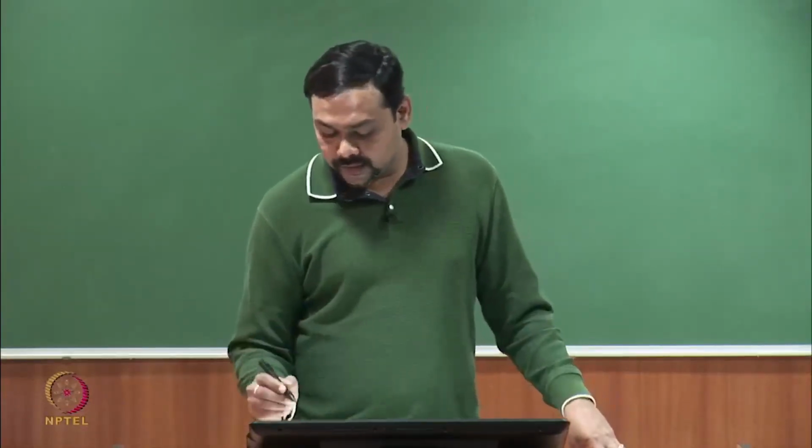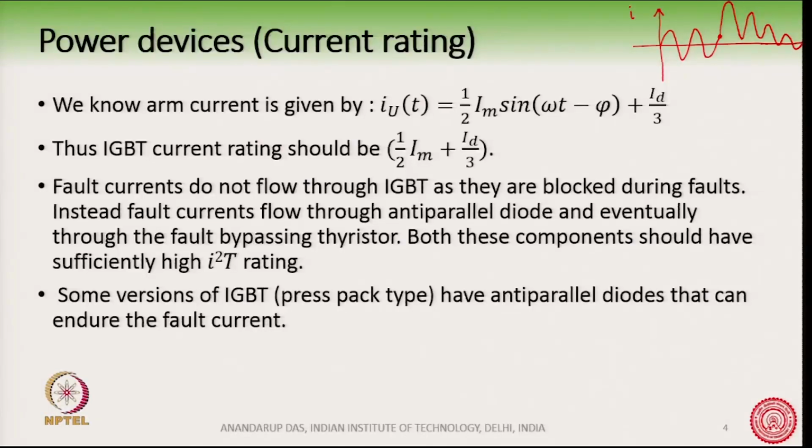Now, typically if this is the fault current profile, remember the circuit breaker will only operate when there is a zero crossing of the current. Before that, the circuit breaker will not operate. Therefore, when the MMC is under fault, it is basically an RLC circuit: the arm inductor and the cell capacitors together with the fault.